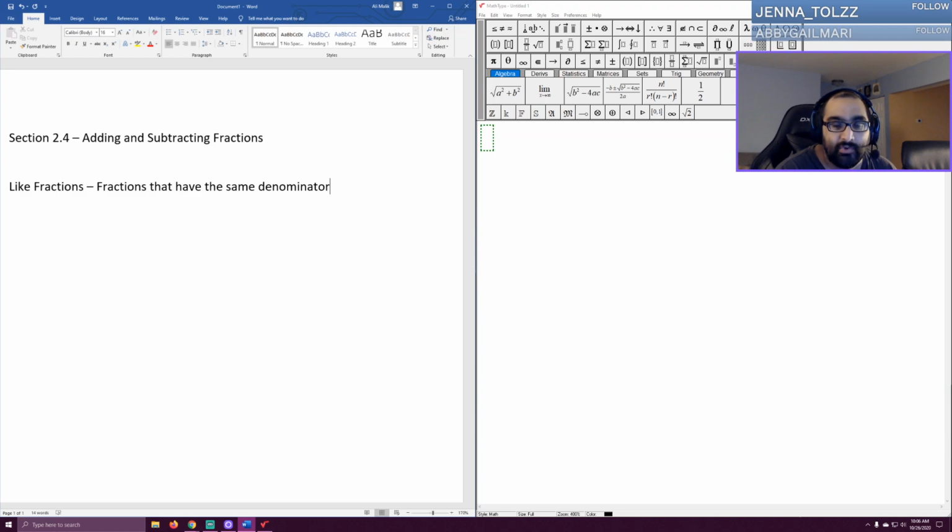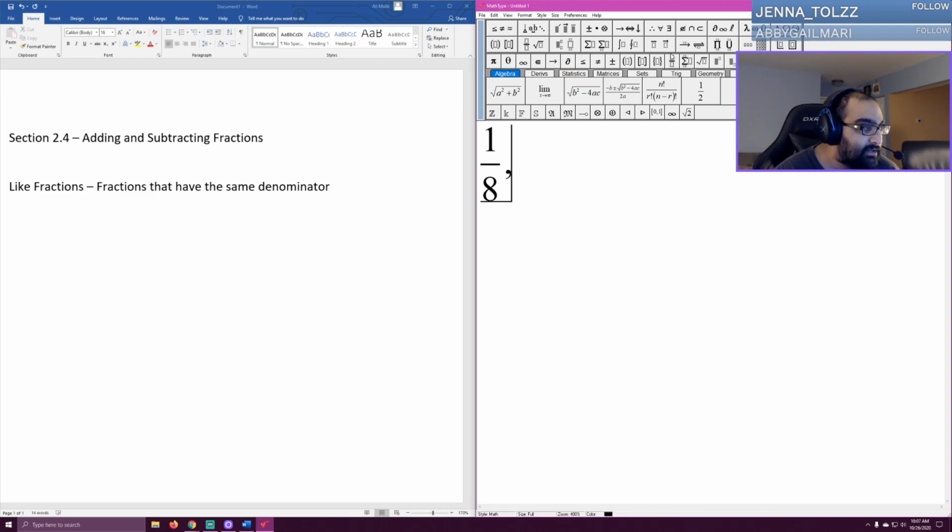So if you have the same denominator in all the fractions, those are what we call like fractions. For example, these two fractions would be like fractions: 1/8 and 3/8. Those are indeed like fractions, because they have the same denominator of 8.